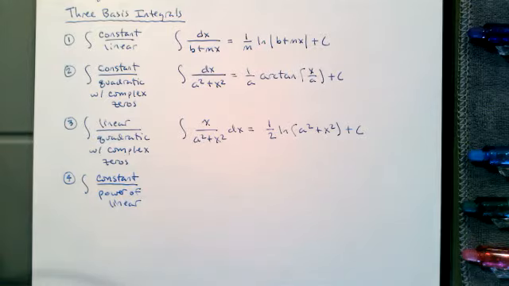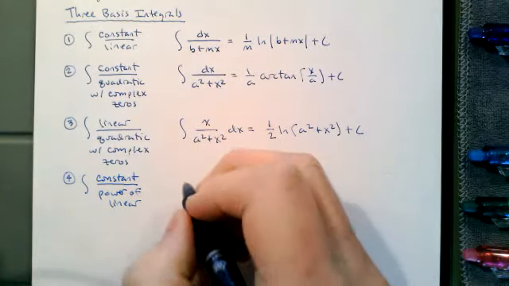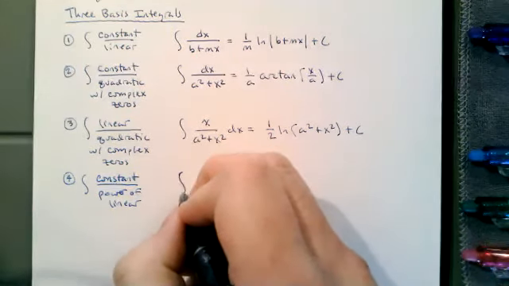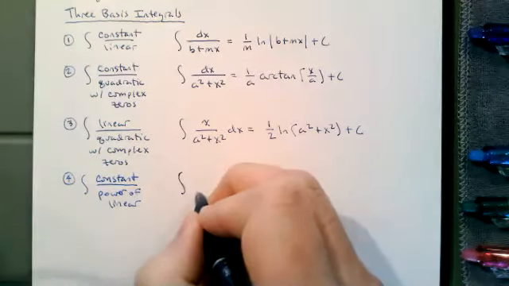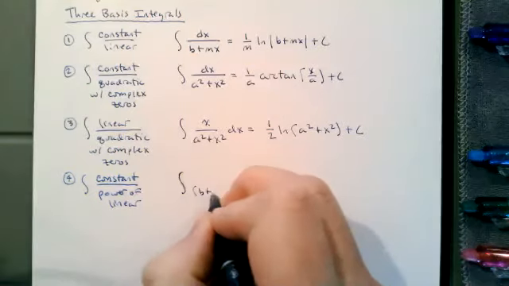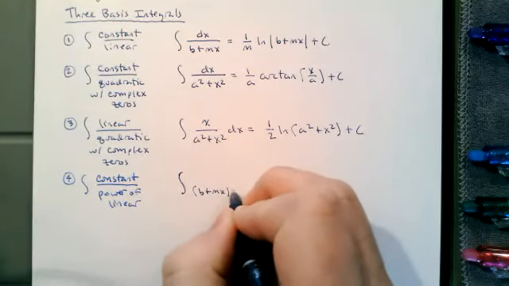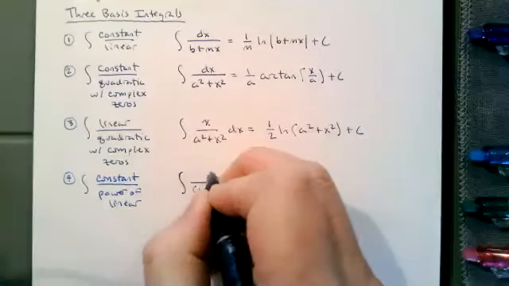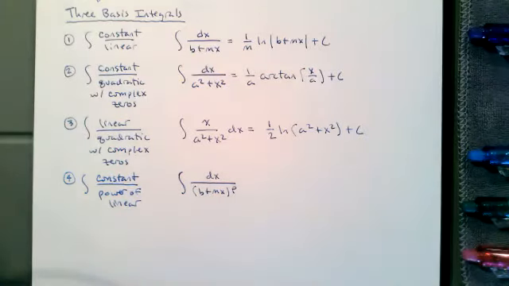So if we have a constant over a power of a linear, then we'll do a similar substitution, but we're going to read this as, let's say we have b plus mx to the p power. Here's where we add 1 to the exponent and divide by the new exponent.